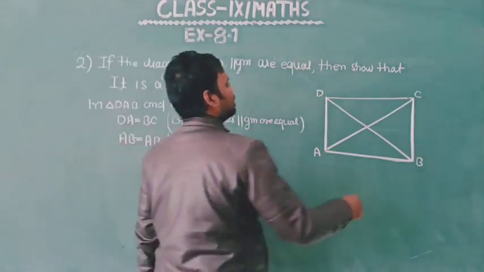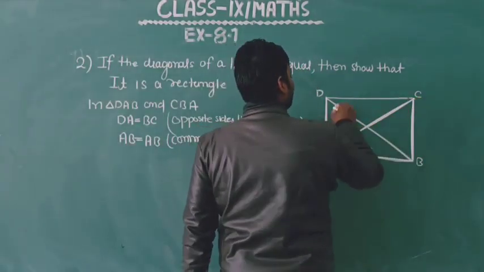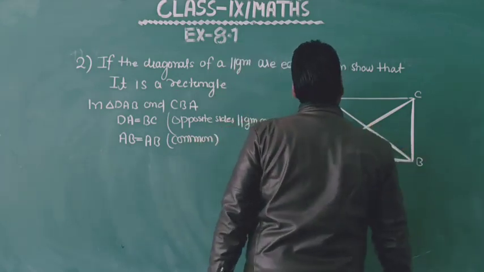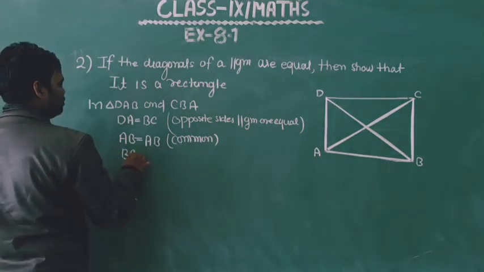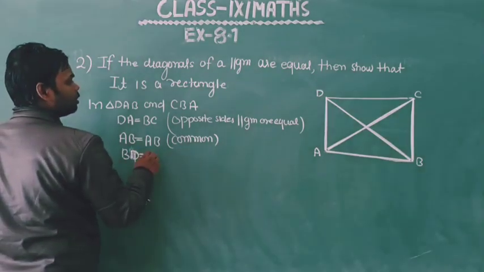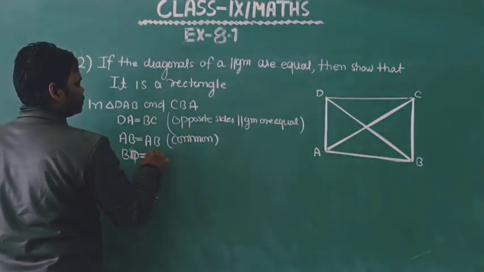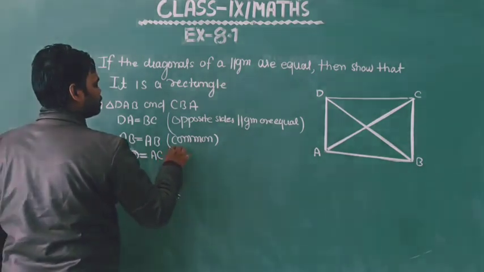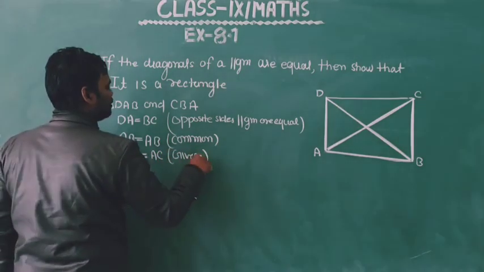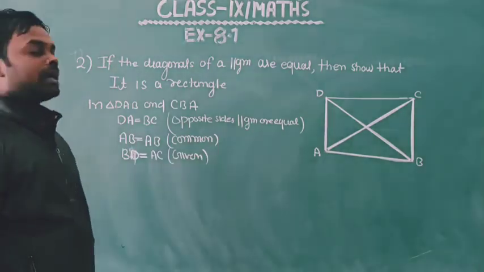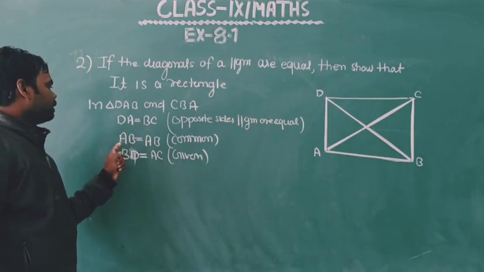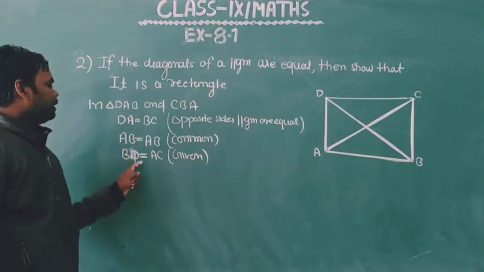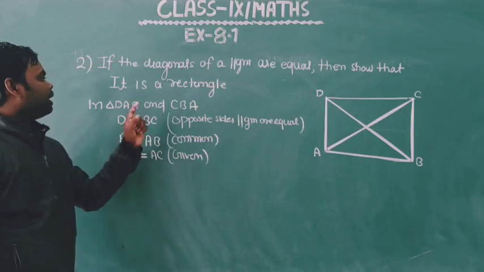And next, diagonal BD equal to diagonal AC. This is given: the diagonals of a parallelogram are equal. So we have DA equal to BC, AB equal to AB, and BD equal to AC in triangles DAB and CBA.